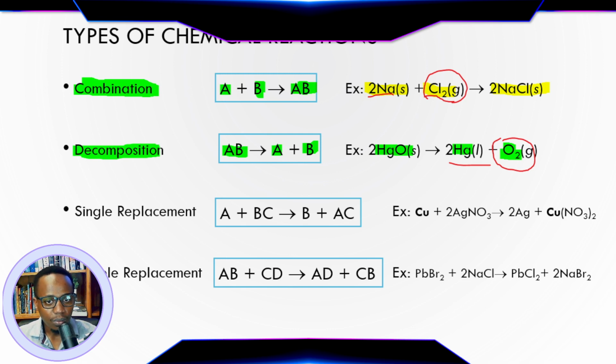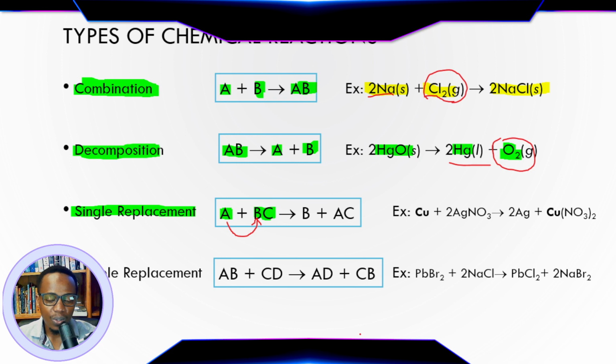Now, the next type of equation is called single replacement. These replacement reactions are pretty interesting. You have one single thing here, and then you have 2 things here, and guess what happens? It's a replacement. One is going to come in and replace this, right?